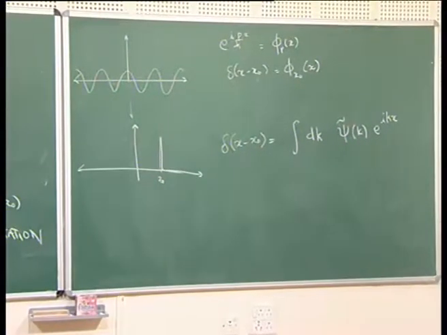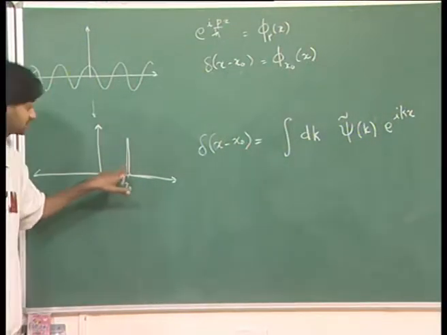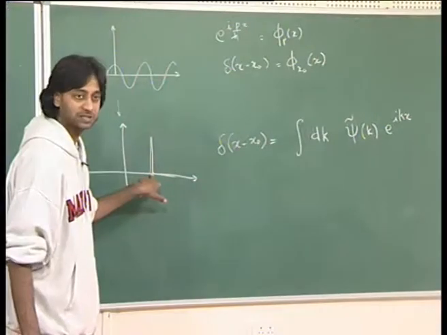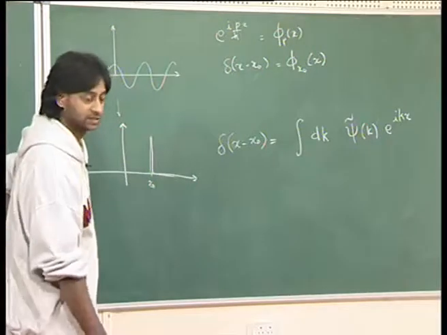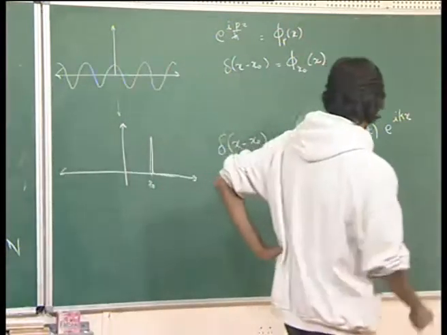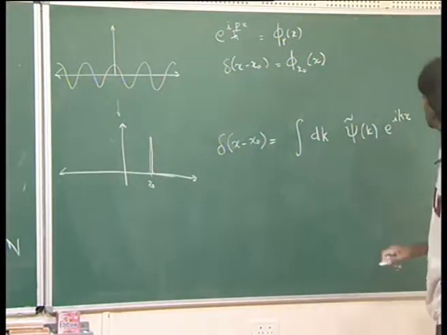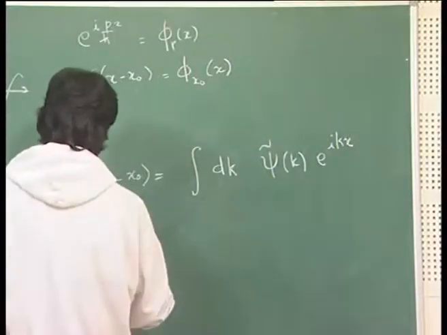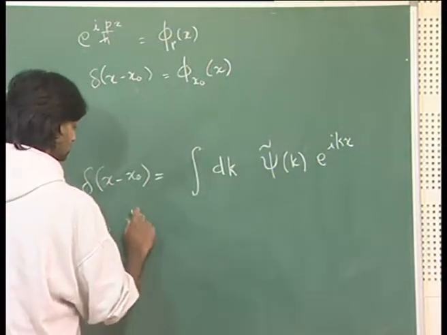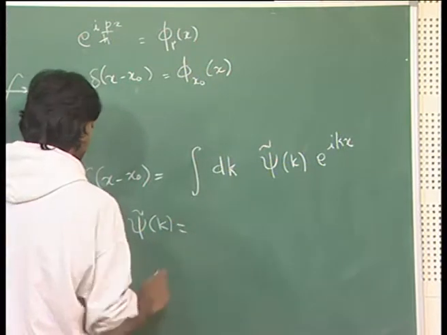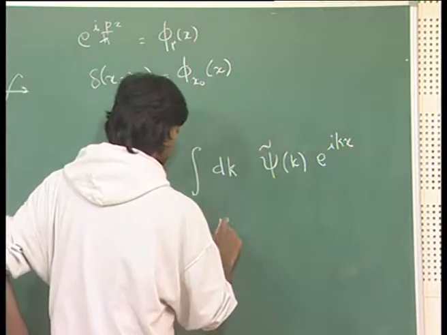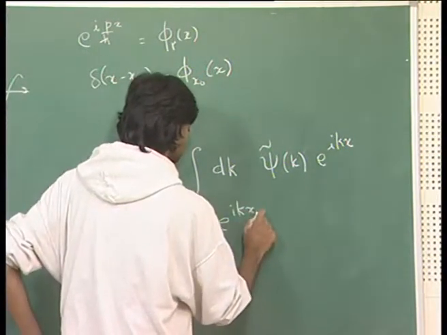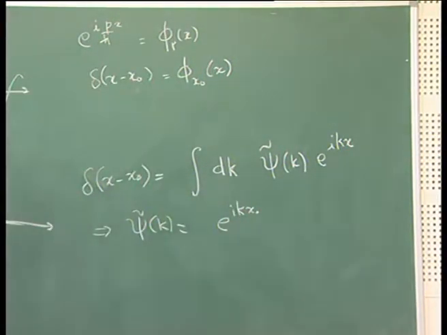Okay. So, I can write it in this form, and basically what it means is that in order to represent this function, you will need infinitely many wave vectors. Okay. So, what you will find with this is that psi tilde of k is equal to e to the minus i k x0. Okay.